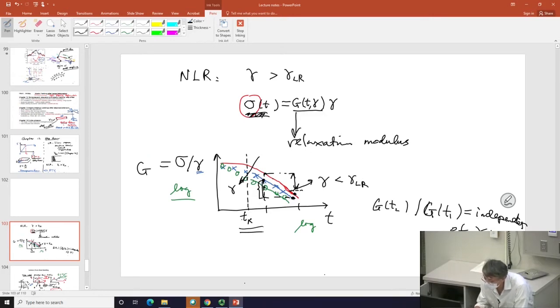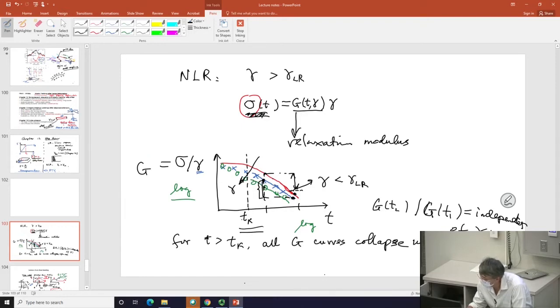Because this feature is true, for t larger than some magic number, tk, all G curves collapse upon rescaling, or basically a horizontal or vertical shift.